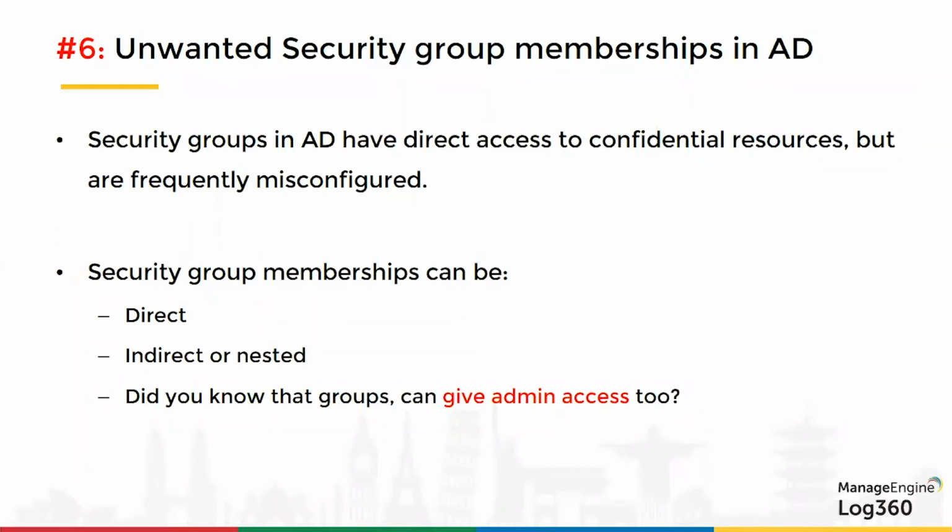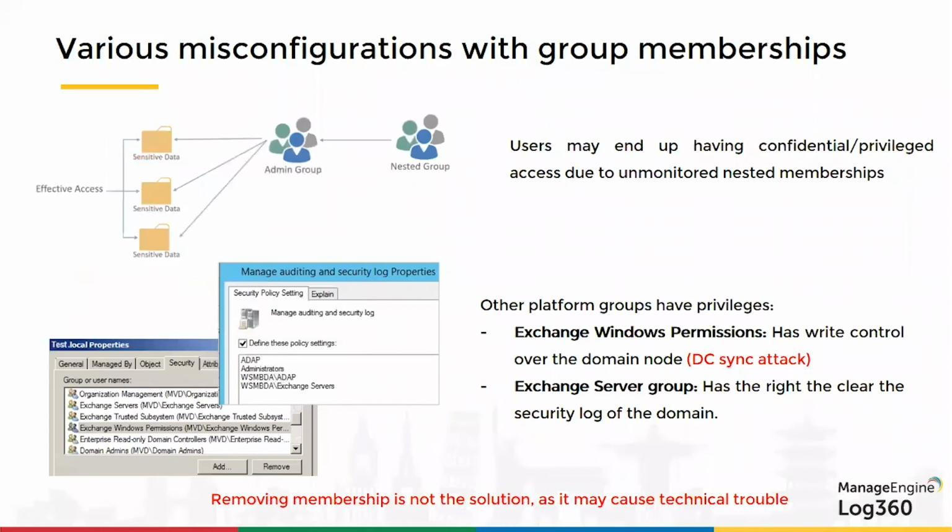For example, Group A can be nested into Group B, and Group B may have access to sensitive resources, right? But via nested privileges, Group B can get effective access on these resources. Group B was never directly granted access to these resources, but it happened via nested privileges. So monitoring nested group memberships is important as well.